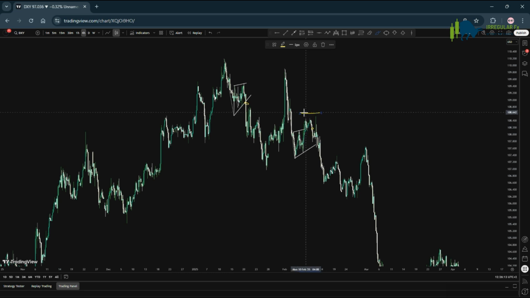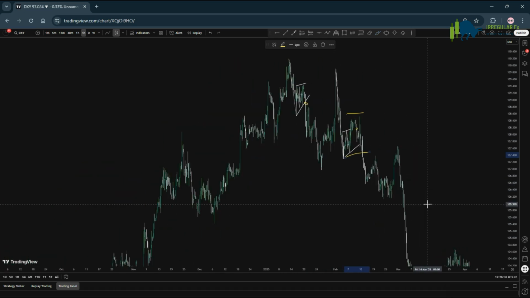After taking the entry, we went to a bit of profit, then went back up to a drawdown before eventually pushing to the downside and hitting the 90% rule. So yes guys, this is our bearish continuation.